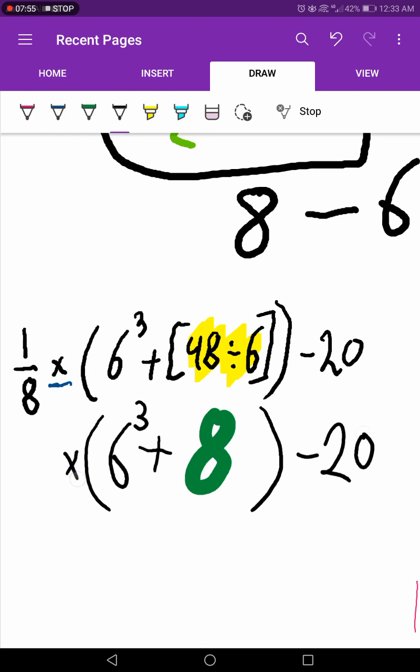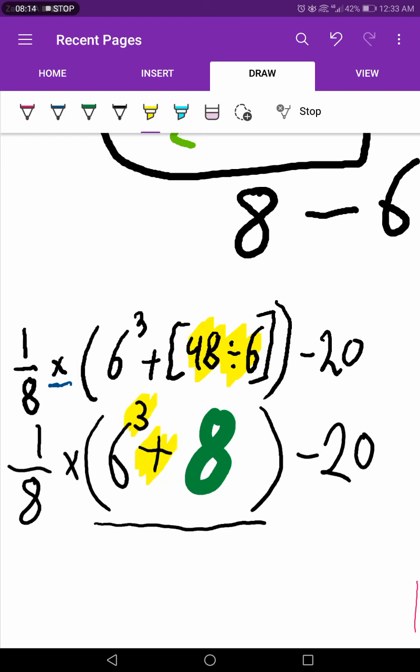Copy and paste. I do one operation each time. Now I still have parentheses, so I have to execute what is inside the parentheses, but here I have two operations. Be careful, plus and power.